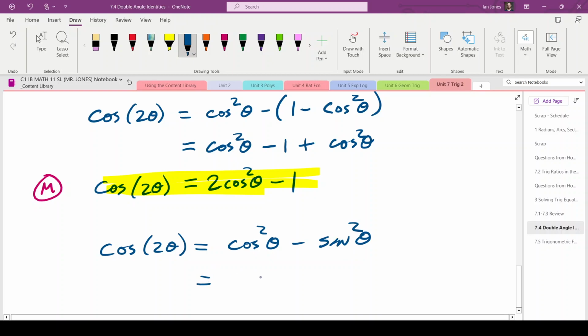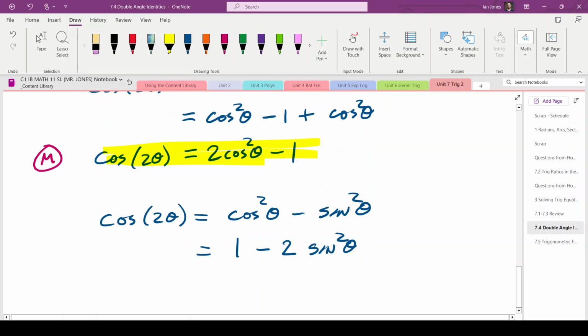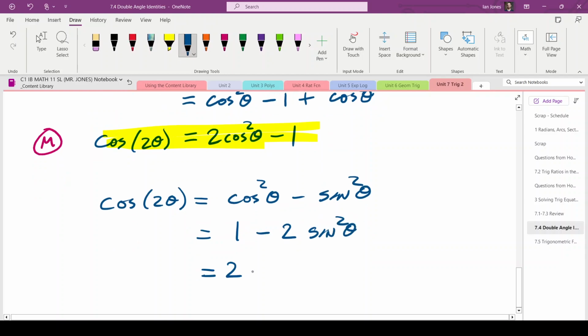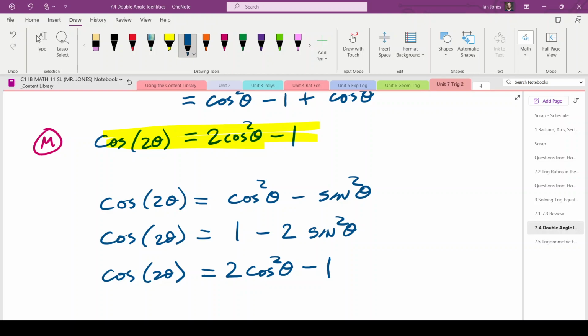Or it can also be seen as 1 minus 2 sine theta squared, or it can also be seen as 2 cosine theta squared minus 1. Okay, those are the 3 versions of this double angle identity. Okay, so those are the new identities.